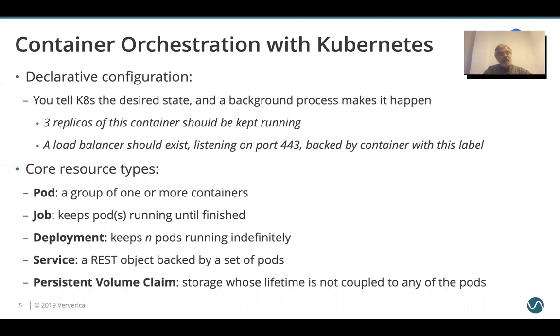And you can expose ports internally to the rest of the cluster or externally so that you're exporting a REST service from your infrastructure. And then finally, we're going to need to have persistent volume claims. This is how you have storage in Kubernetes where the lifetime of the storage isn't coupled to any one of the pods. You want storage that outlives the pods that might use the storage.